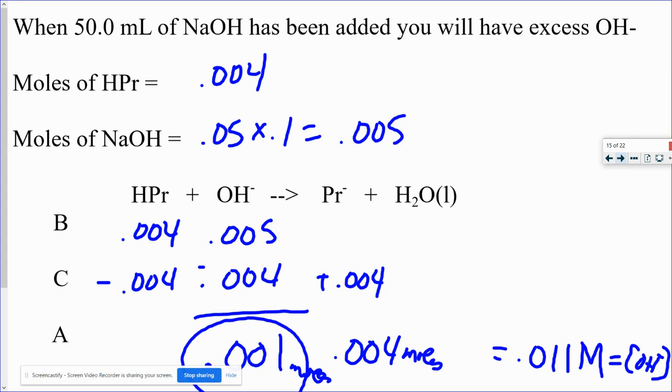Now, if we keep adding NaOH to it, then we're gonna have excess NaOH. So the next one said, well, what happens when we add 50 milliliters of NaOH to our 40 milliliters of 0.1 molar acid? We still have 0.004 moles of our weak acid. We've now added 50 milliliters, so that's 0.005 moles of our OH minus.